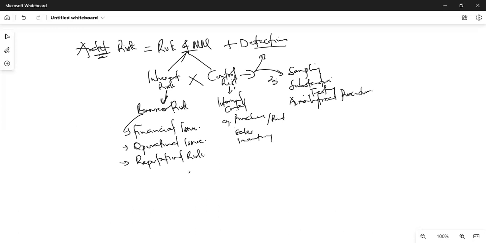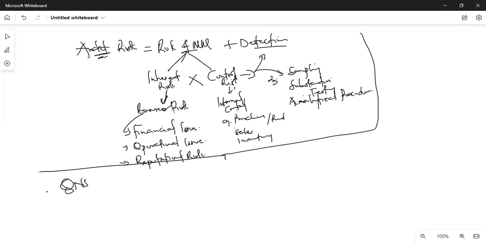So in your exams, you see the questions that you are likely to be faced in your exam, okay, are under audit risk only. Under audit risk only, the questions that you are likely to face, exam questions.